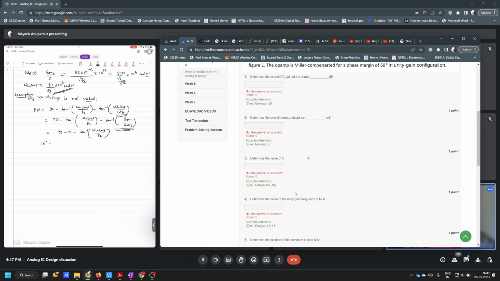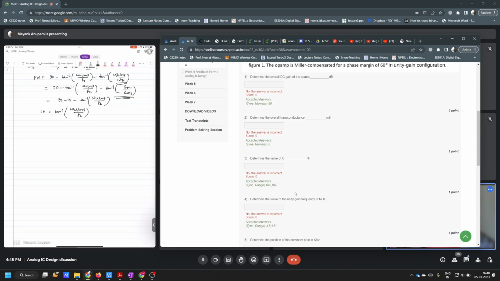And that has to be tan inverse of omega u loop by p2. So from this, what will you get? Omega u loop is equal to p2 times tan of 16, right? From here you can calculate, right?